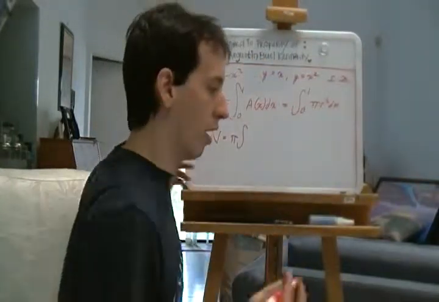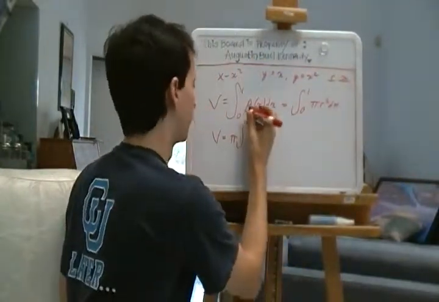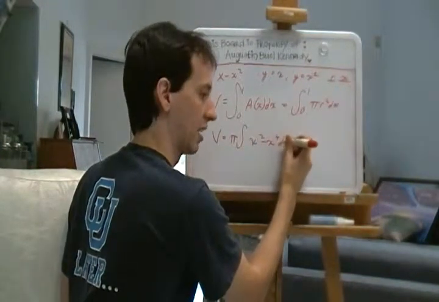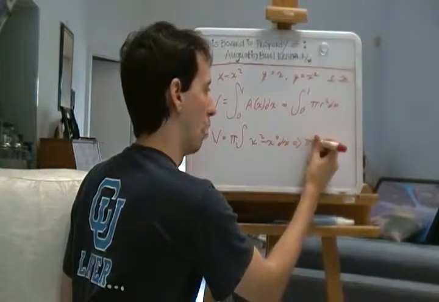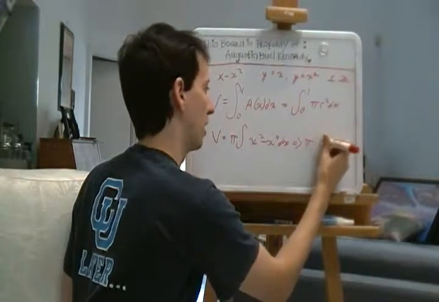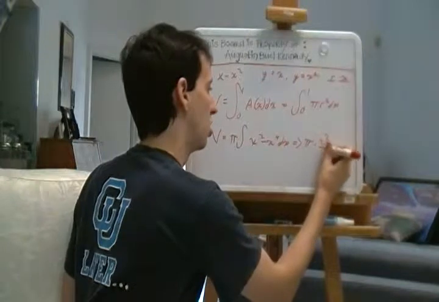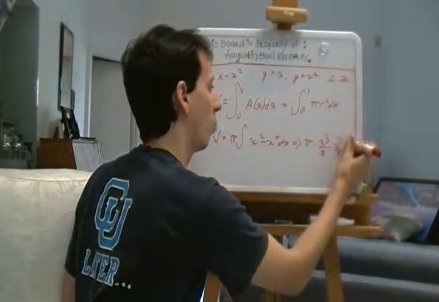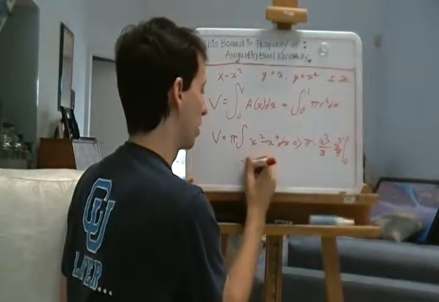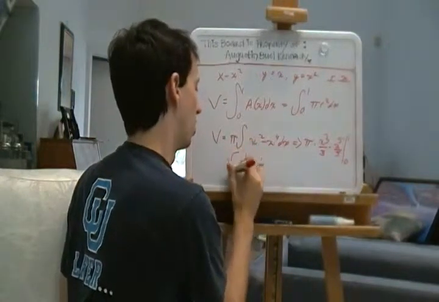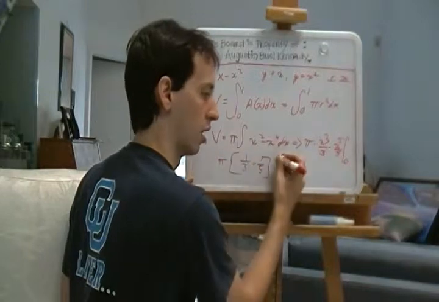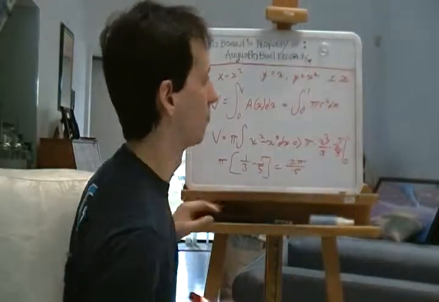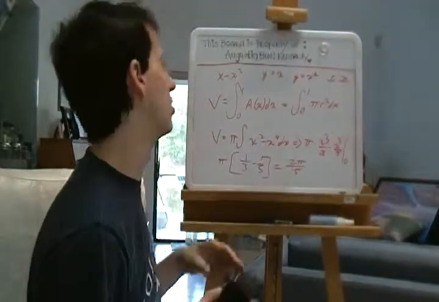That quantity squared, you're going to end up getting x squared minus x to the fourth dx, which when we integrate that, very simply, we get pi times x cubed over 3 minus x to the fifth over 5 between 1 and 0, which is just going to be a third minus a fifth times pi, which is 2 pi 15ths. Okay? It's as simple as that.